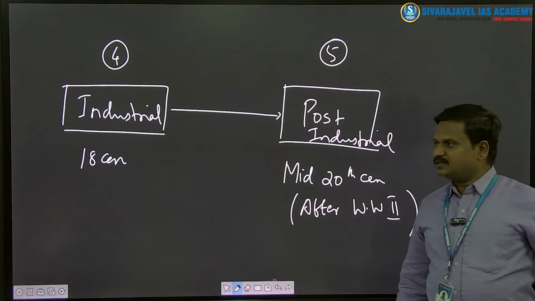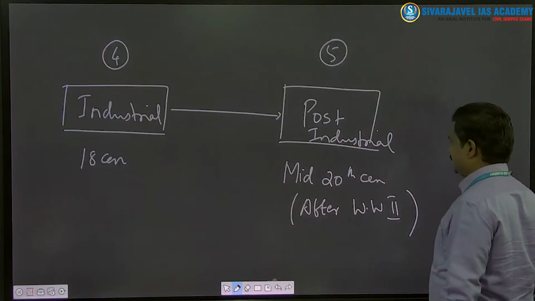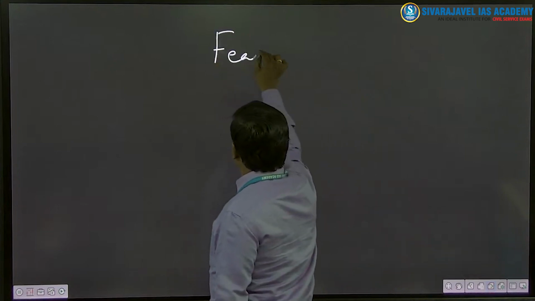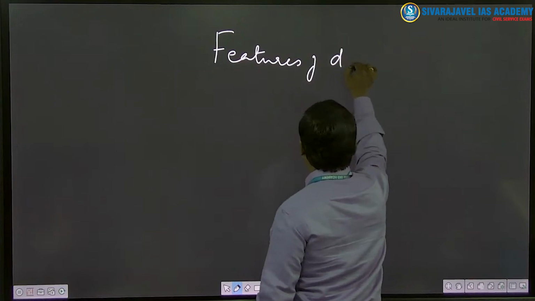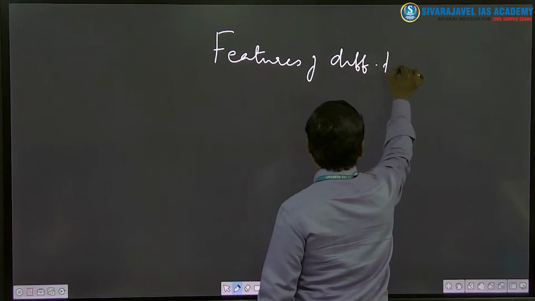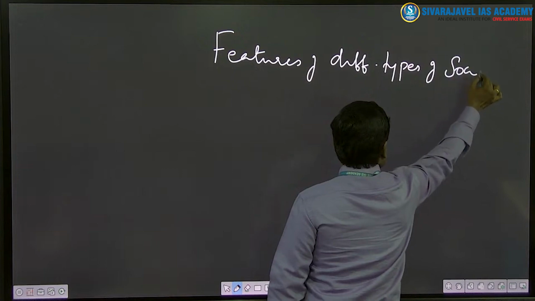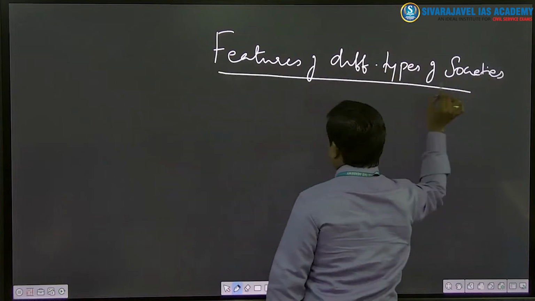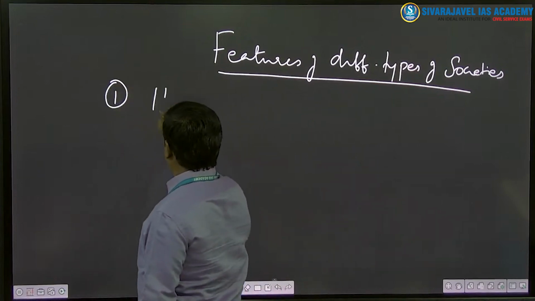Okay, so now let us see the features of these societies. What are the features of different types of societies? Take the first case, called hunting and gathering.